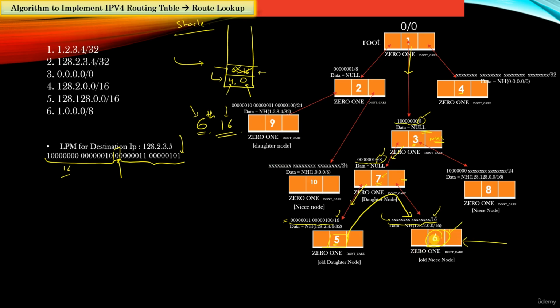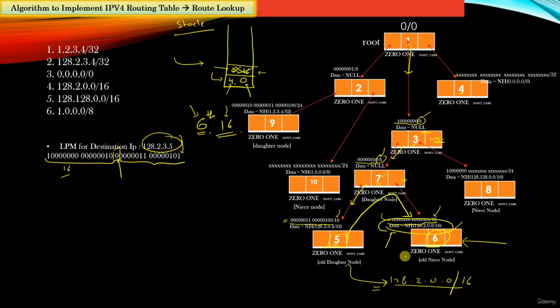So the node 6 corresponds to the route 128.2.0.0/16. So this is the route which matches with our IP address as per the longest prefix match principle, and the next hop of this route, that is the data part of the route, will be used for forwarding the traffic.